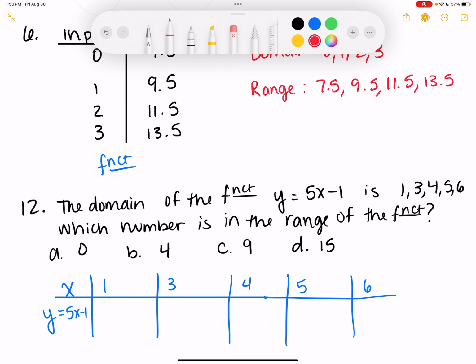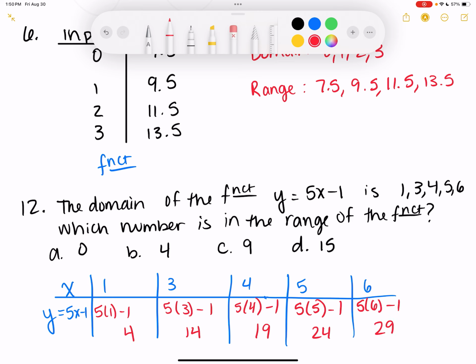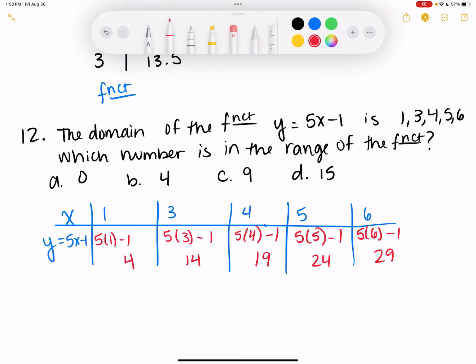If I plug in each of these numbers for x, I get 5 times 1 minus 1 is 4. 5 times 3 minus 1 is 14. 5 times 4 minus 1 is 19. 5 times 5 minus 1 is 24. And 5 times 6 minus 1 is 29. So the answer is B.